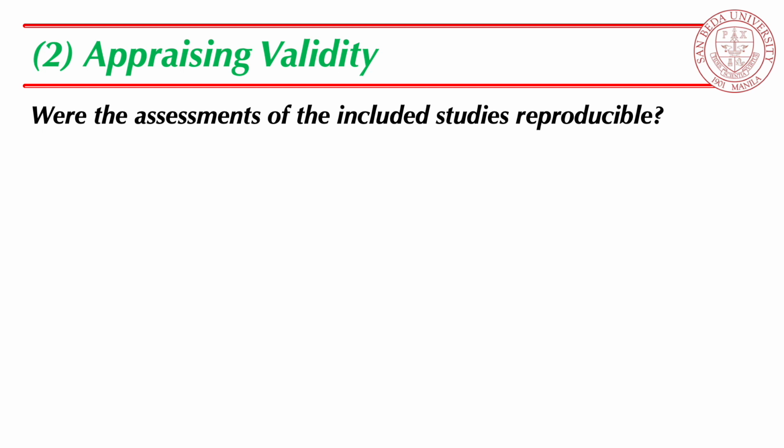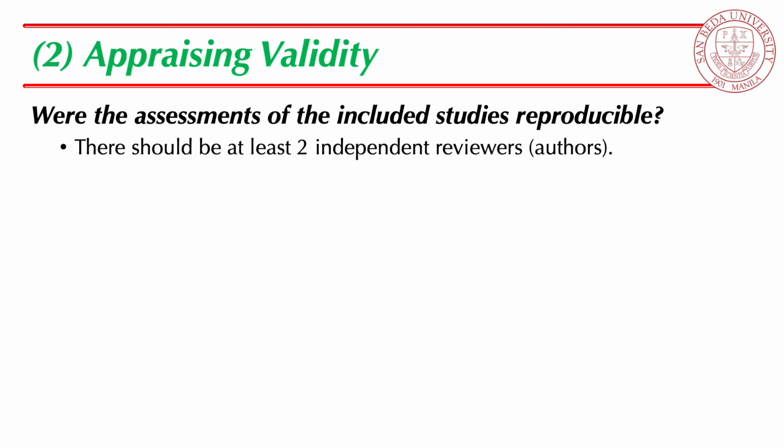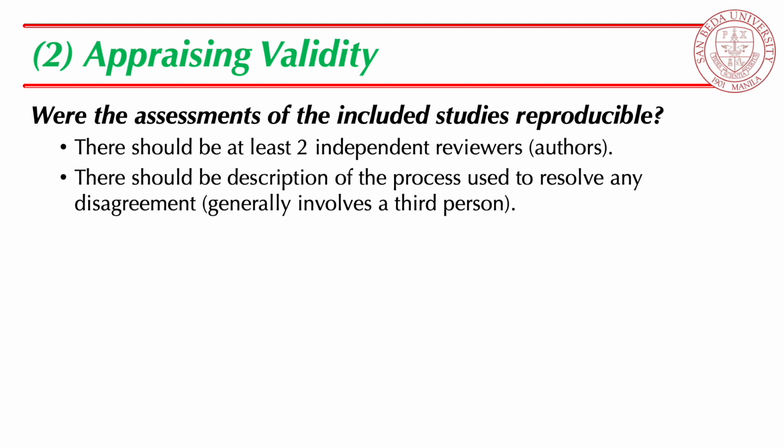To ensure that the assessments are reproducible and unbiased, there should be at least 2 independent reviewers of the included studies. When you appraise an SRMA, make sure to check in the methodology that at least 2 authors evaluated the quality of the included studies. There should also be mention or description of the process to undertake if disagreements occur between the independent reviewers. This usually involves either discussion or conference with a third person.